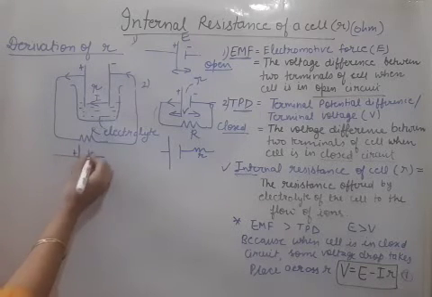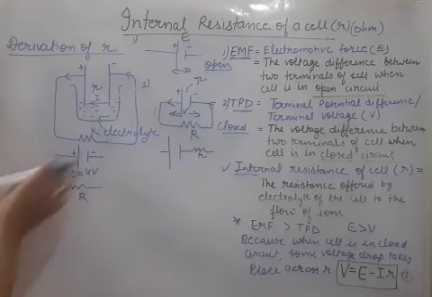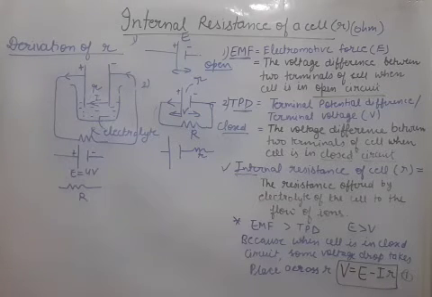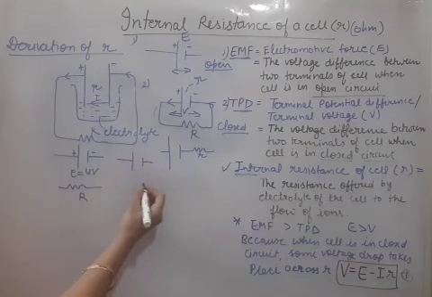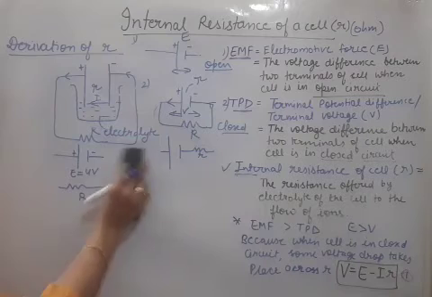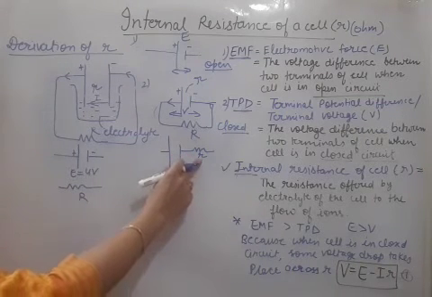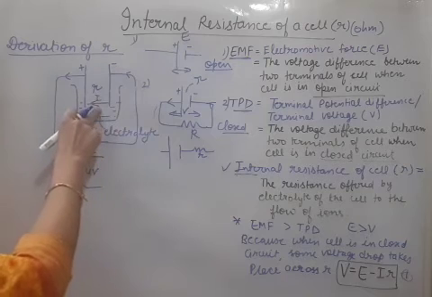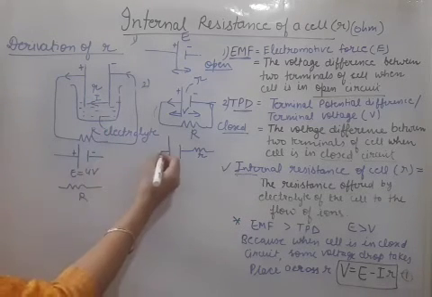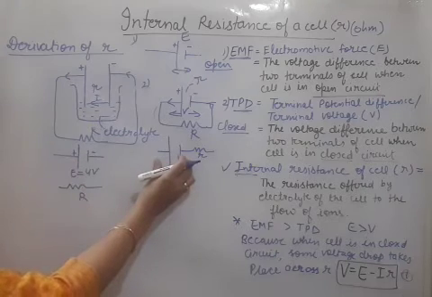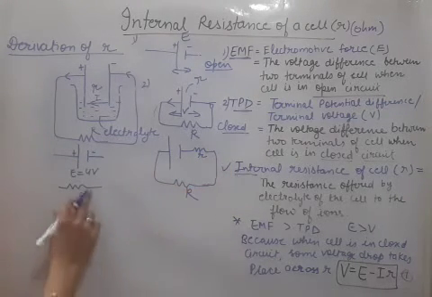Now 4 volt should be available for this resistance when they are connected. But what happens when the actual connection takes place? We have seen that a cell has an internal resistance also, and this internal resistance comes into play whenever current flows. So suppose this same cell I have connected through an external resistance R now.